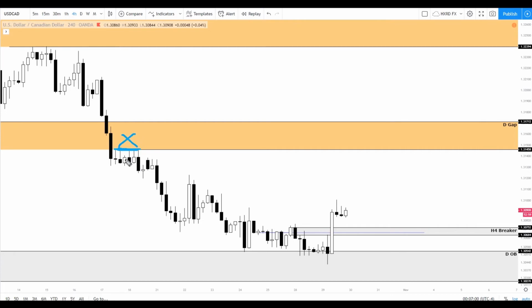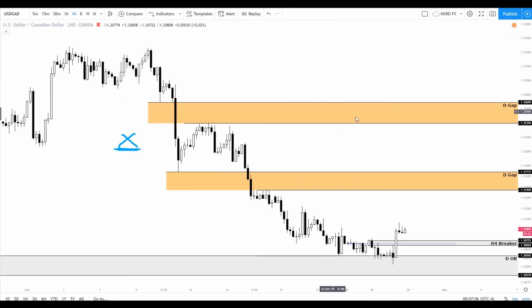We got some equal highs right there, and some equal highs right here as well, right at this daily gap. Take profits 1, 2, 3. That's an order block too. You should be good. We could have a retracement from there, but if you want to hold this, you can hold it all the way into target 3.